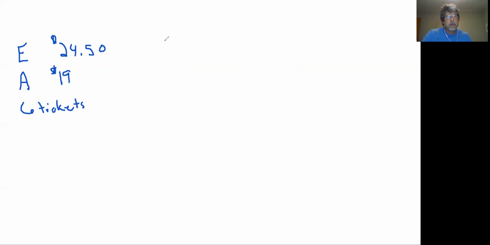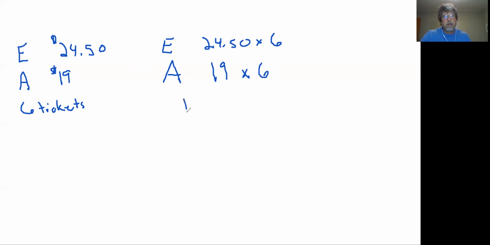So to me, if I was going to the evening show, what I'm picking up on is she's going to have to do $24.50, and she's going to have to multiply that by 6 to get how much she pays for the evening. For afternoon, she's going to have to go $19 times 6. And to figure out how much less she pays, basically it's going to be your evening. If you subtract the afternoon, that's going to be what she's going to save, basically.